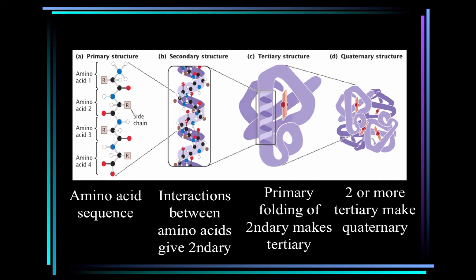So that has to do with charges. Tertiary structure is how we see the primary folding of the secondary structure taking place. And quaternary structure is where we have subunits or different strands of protein actually coming together and fitting very uniquely so that that protein can be turned on or turned off.